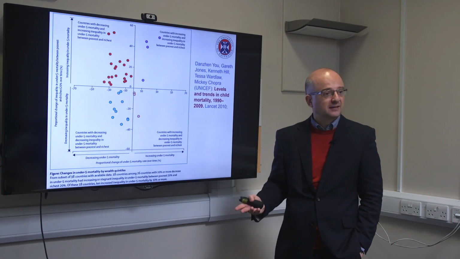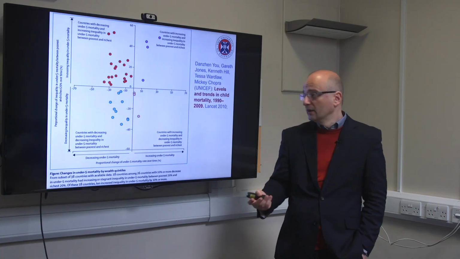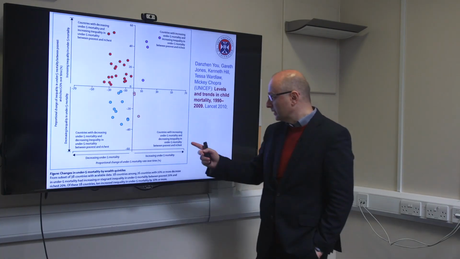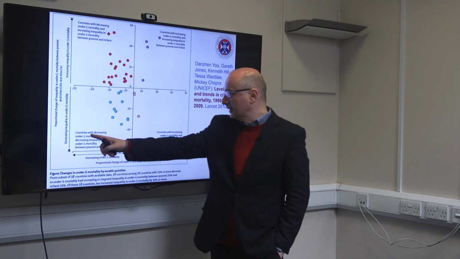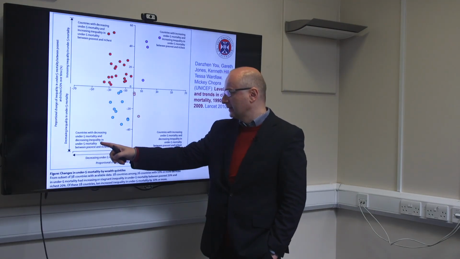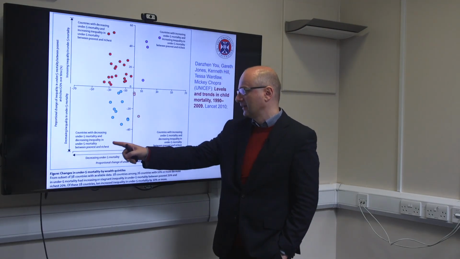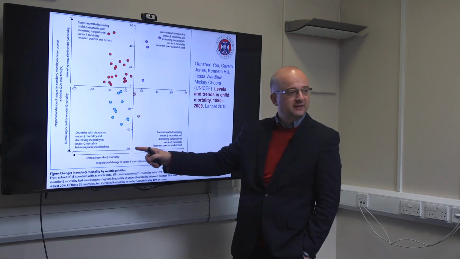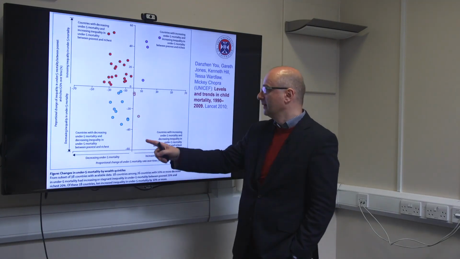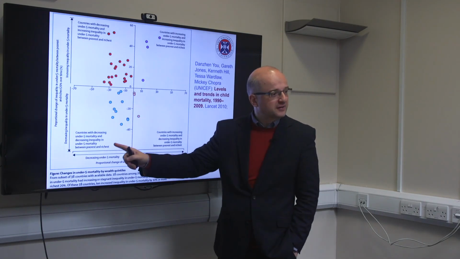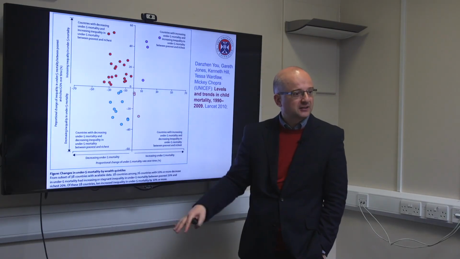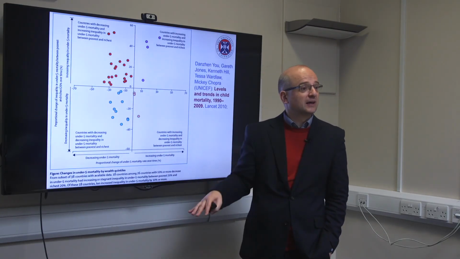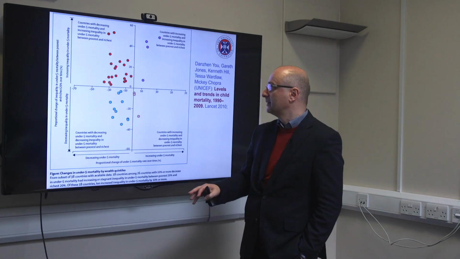So if you're reducing that burden, you are going to improve equity as well. But look what happened. These are the countries with decreasing under 5 mortality and decreasing inequality in under 5 mortality between poorest and the richest within the country. Look at how few countries had the reduction of the child mortality and reduction of inequality at the same time.